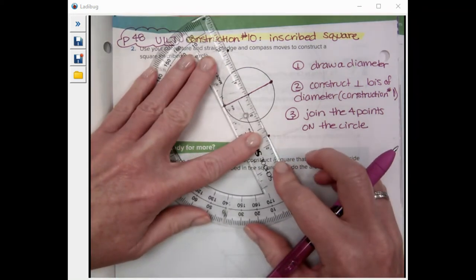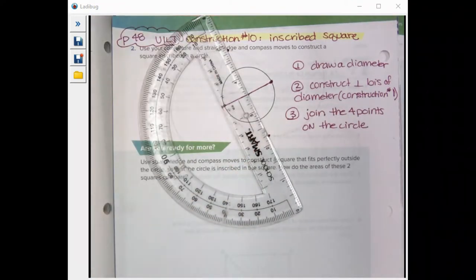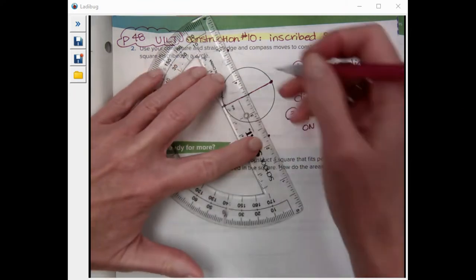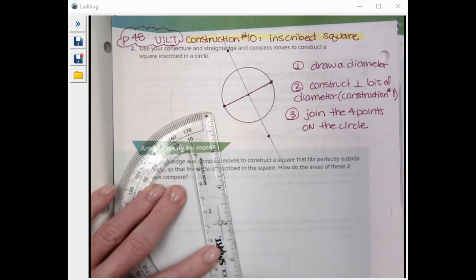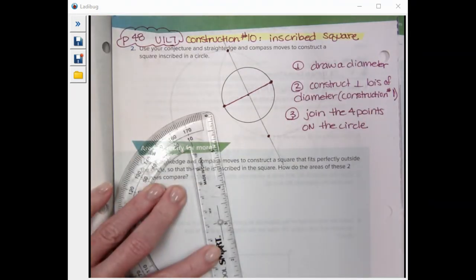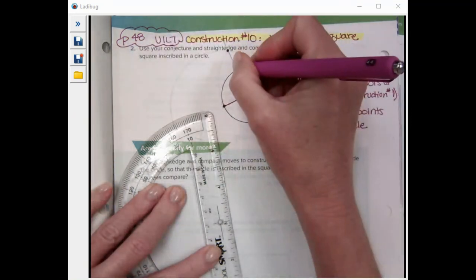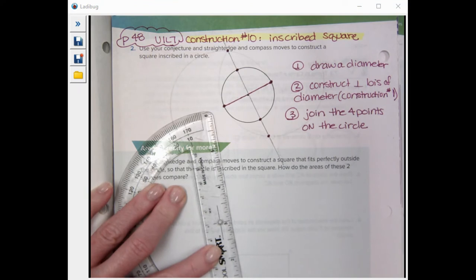First off, let me do this in pencil because there's only a portion of this perpendicular bisector I'm actually interested in. The entire perpendicular bisector is this penciled line that you see here. However, the part that I'm really interested in is the part of the perpendicular bisector that is intersecting my circle.